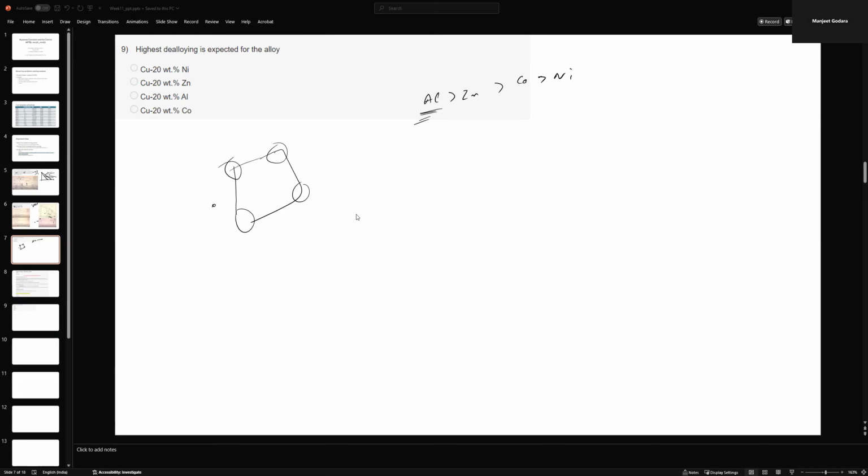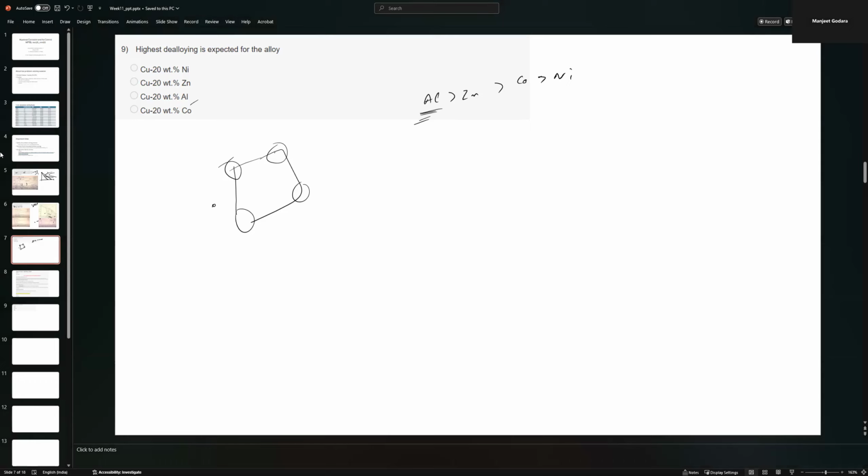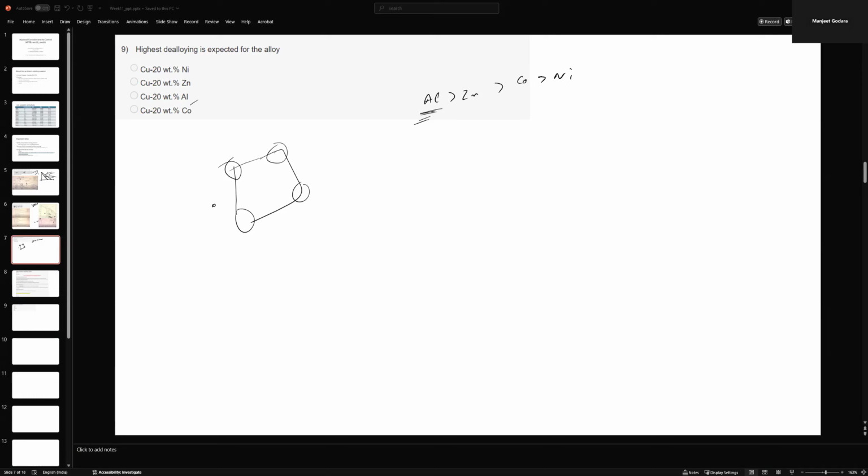I'll check if addition of aluminum has a passivating effect or not. Also, if you have asked the question already on the portal discussion forum, I only see questions 7 and 9.